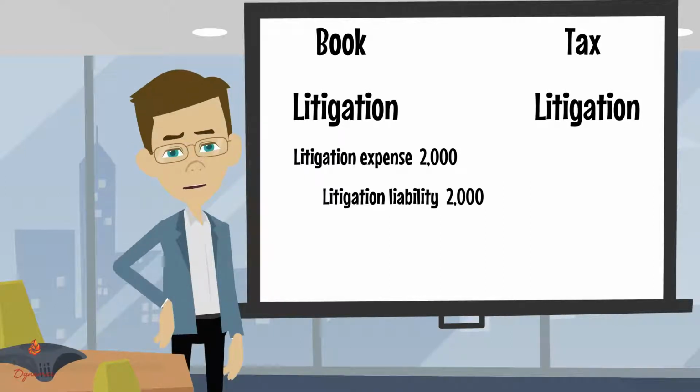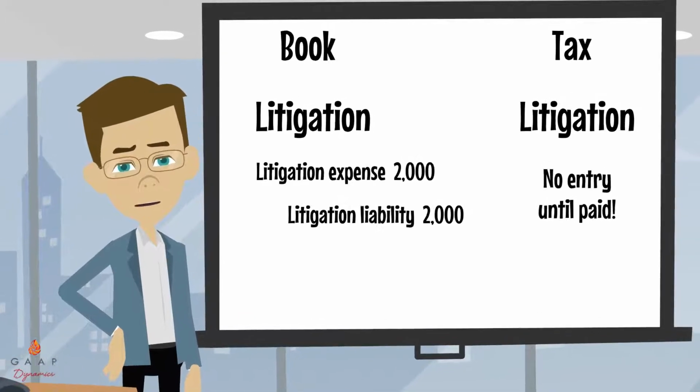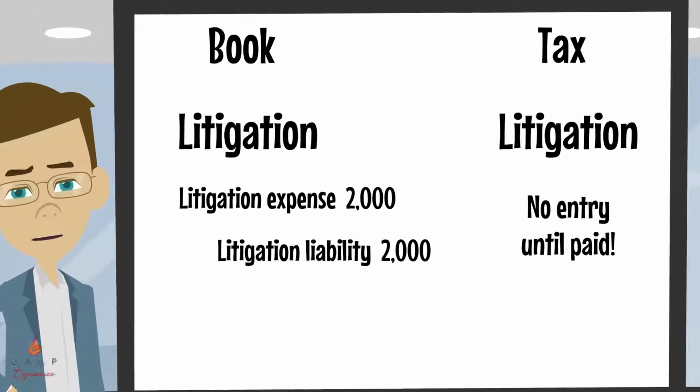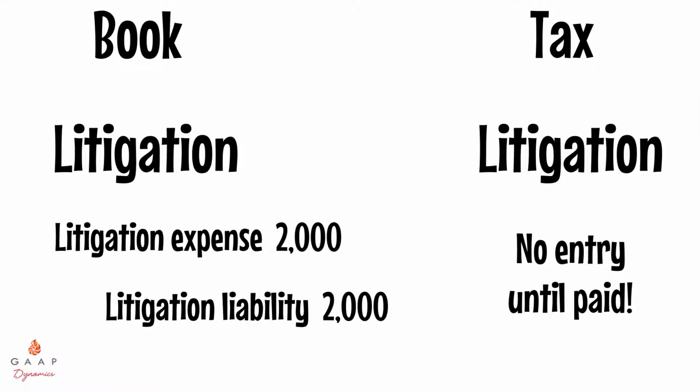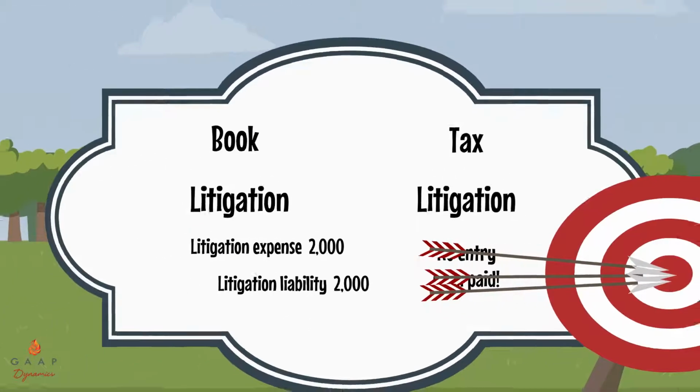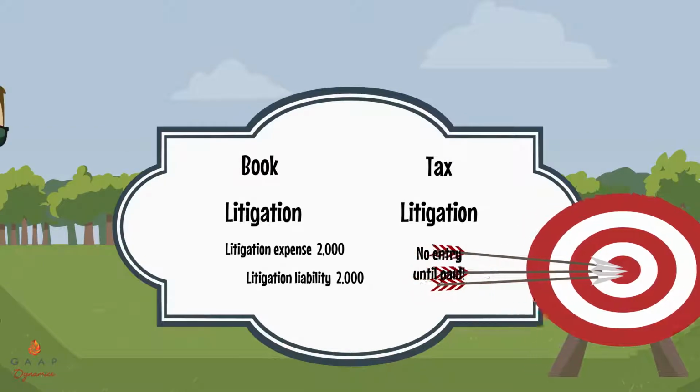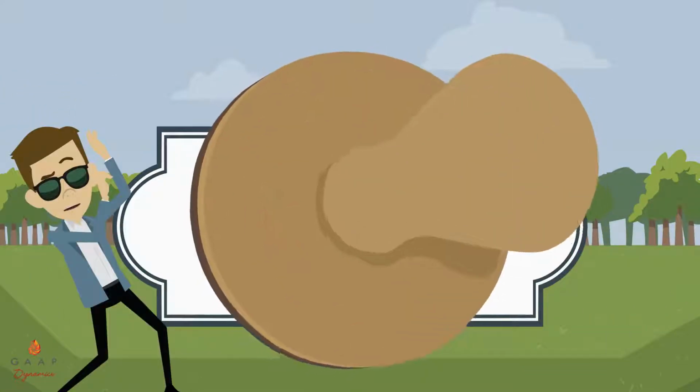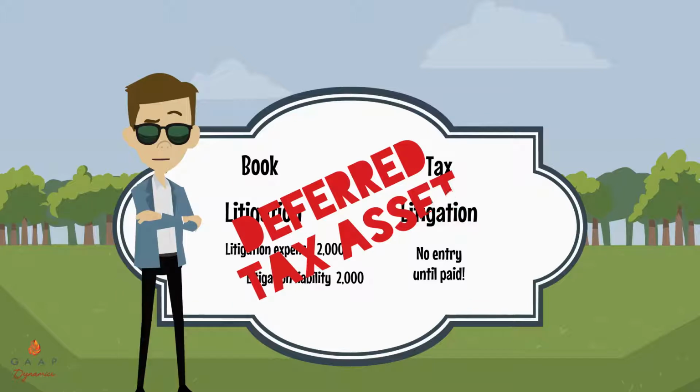But for tax purposes, there is no deduction and therefore no liability until the litigation is settled and the settlement is actually paid. This is an example of a temporary difference that results in a deferred tax asset that is recorded in the financial statements.